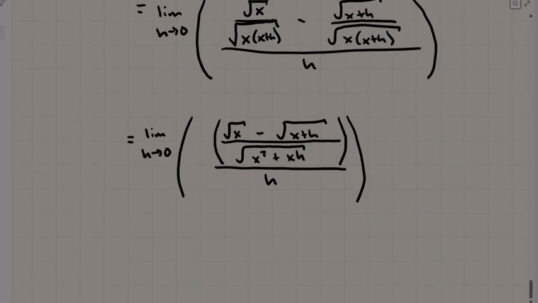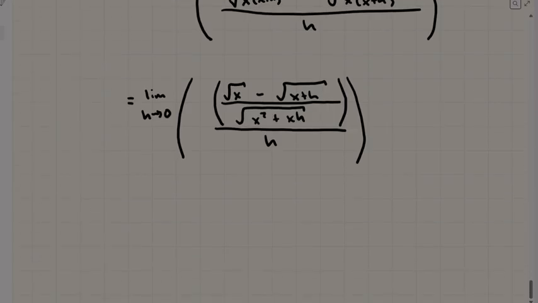All right. What should we do next? Well, this one now, there is a common trick, but actually, before we do that, we can simplify this.